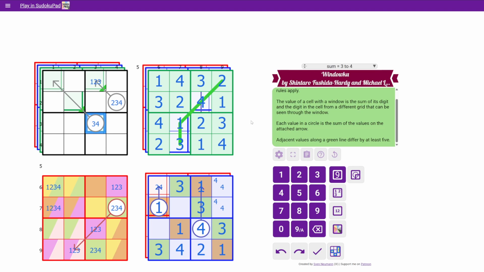We're already a total of 3, so we need at least a total of 6, which is what it'll have to be. It'll have to be a 4. 4 plus 2 will be 6. And this will have a 1, 2 as well on it. And this will be a 3, 4. Alrighty.